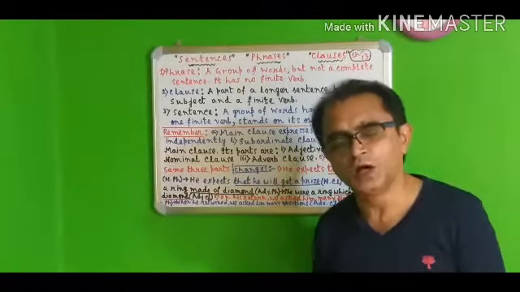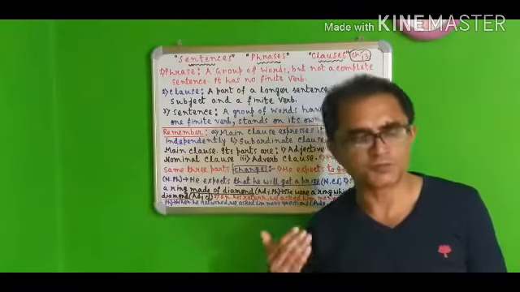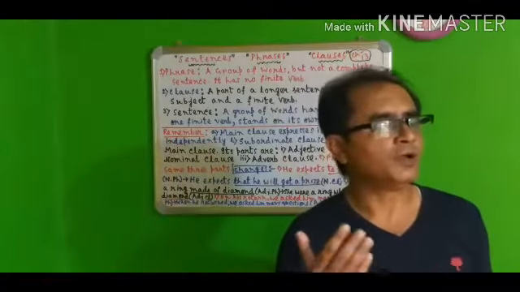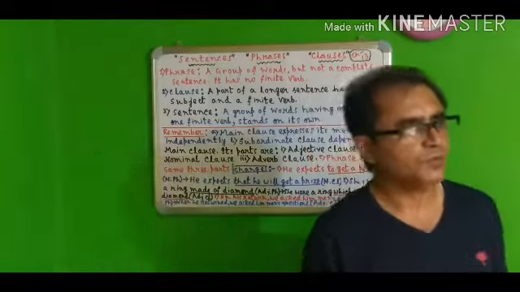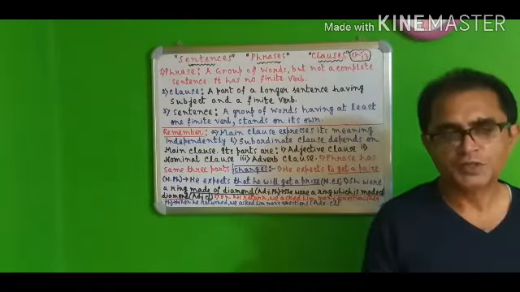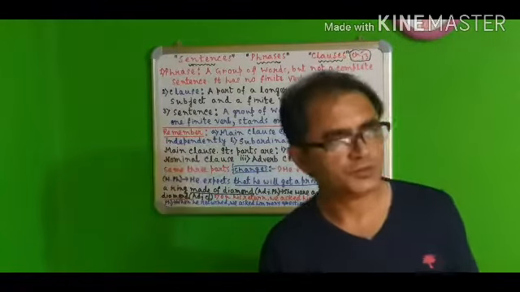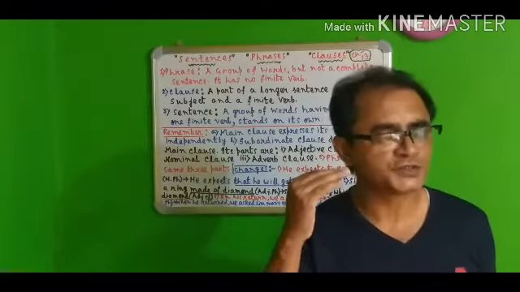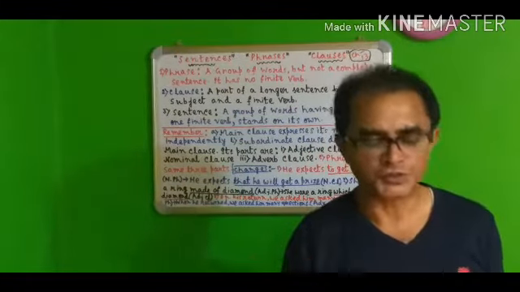Now we shall deal with an example of an adverb clause. A very common example: When my work is finished, I will go to market. Or, when the clock strikes 9, I will stop teaching.